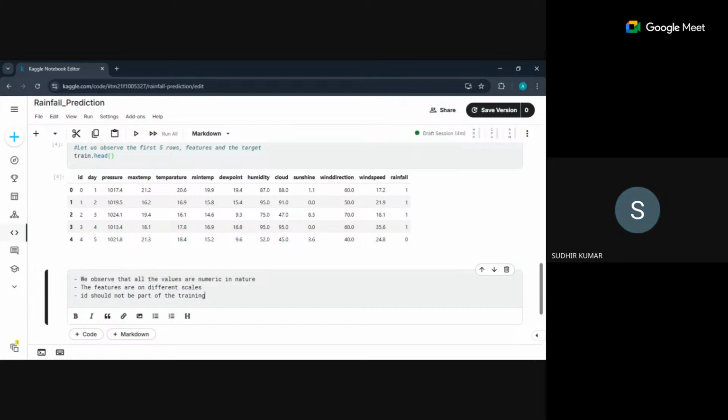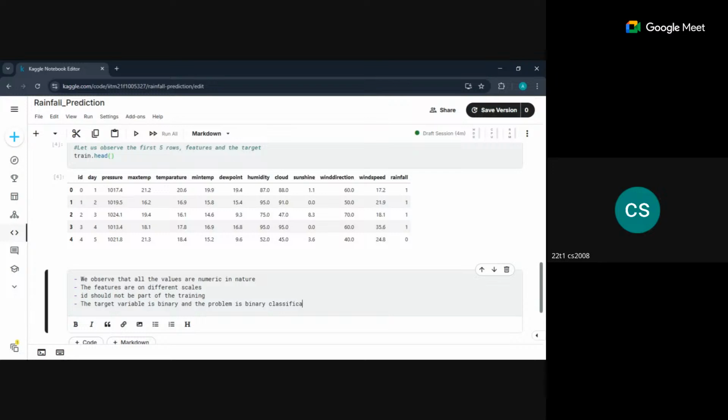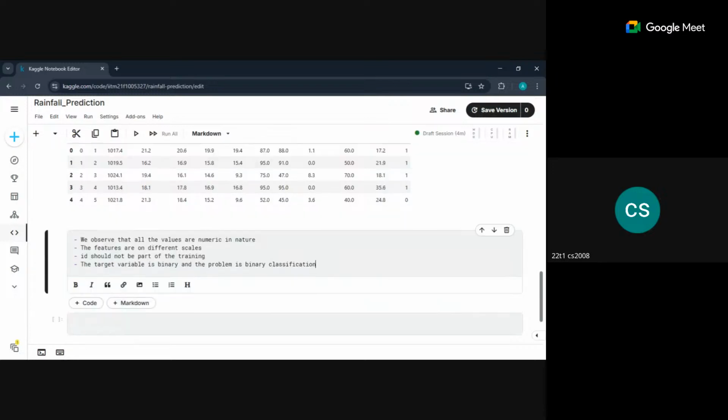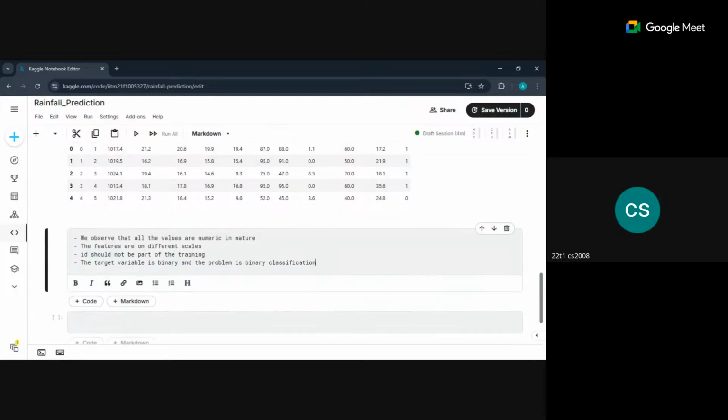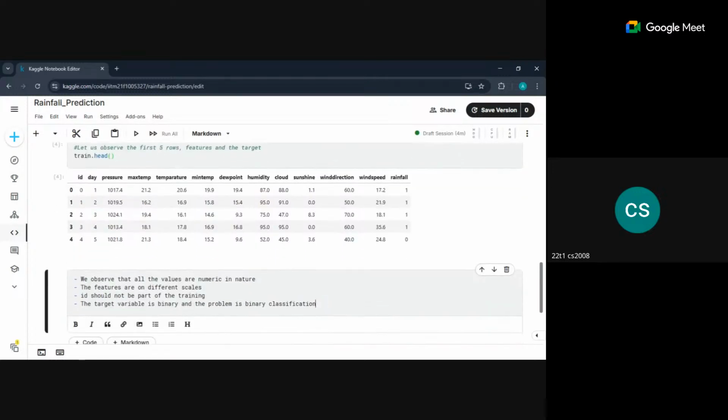This is a classification data set. The target variable is binary. The problem is binary classification. Of course, you can word this better. Anything else you would want to write here?